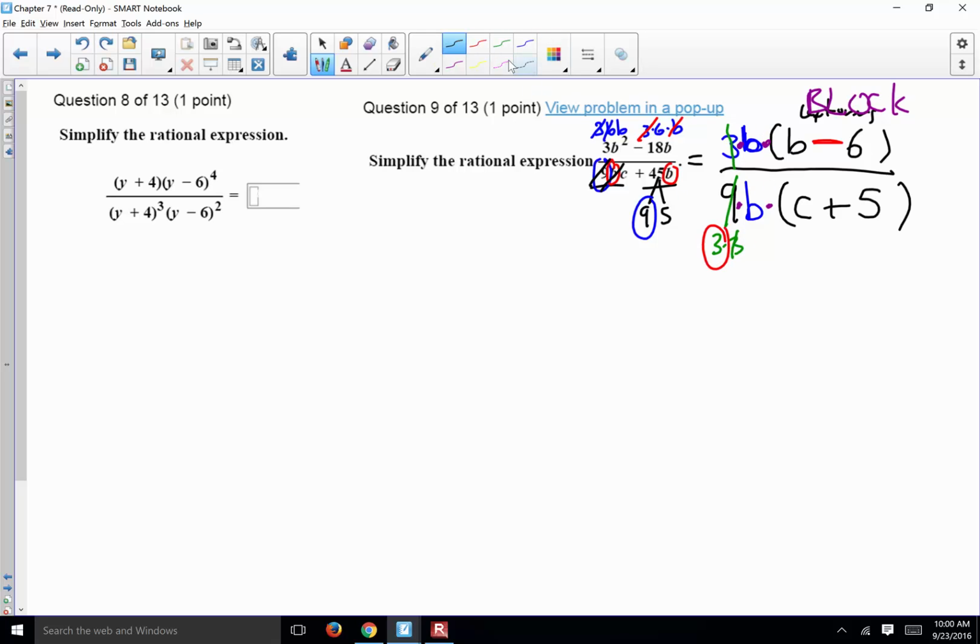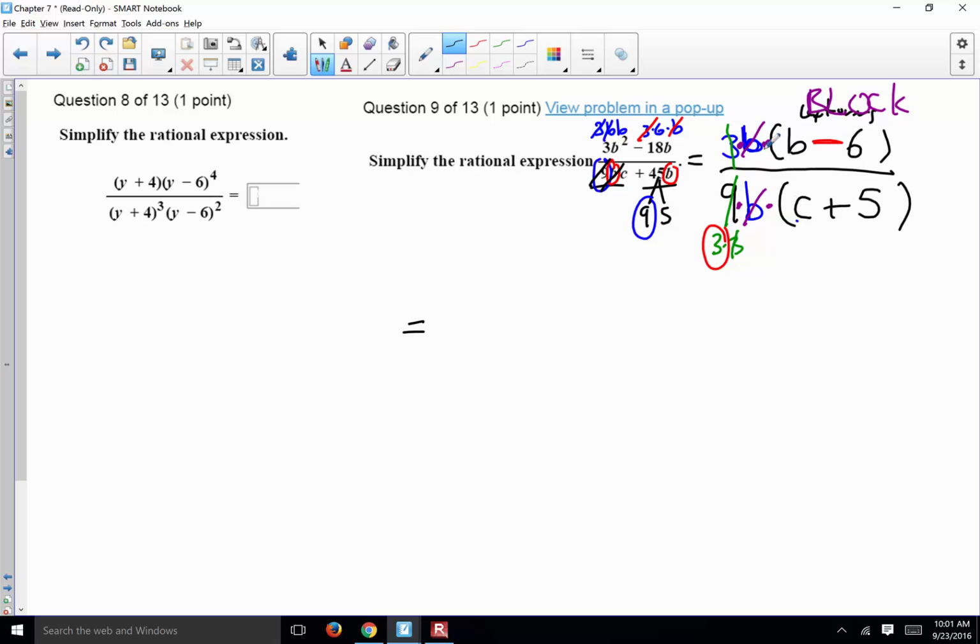Okay, what else? B and B can cancel. Anything else? Can we cancel anything from these blocks? No, they are too separate. Even this was B. I couldn't cancel B's because they are a block. They are a part of a block.